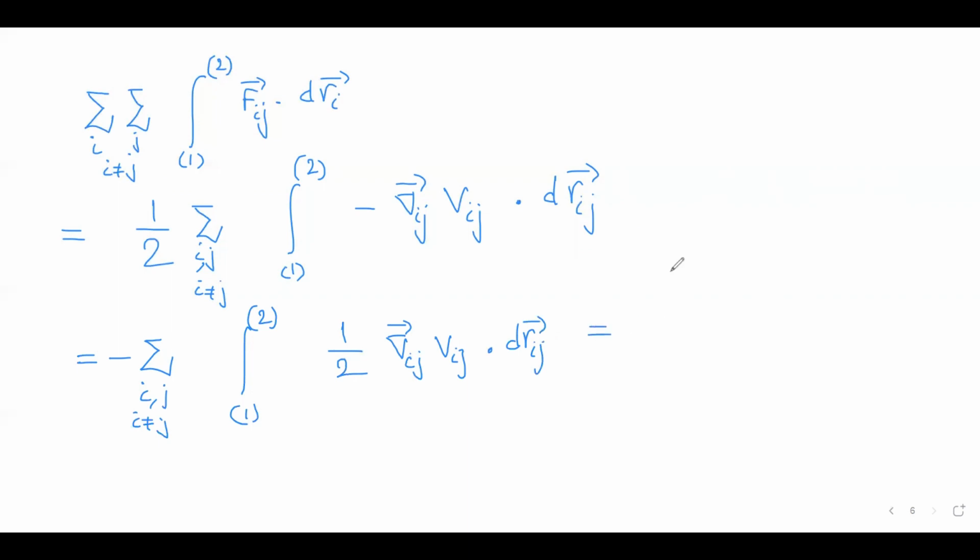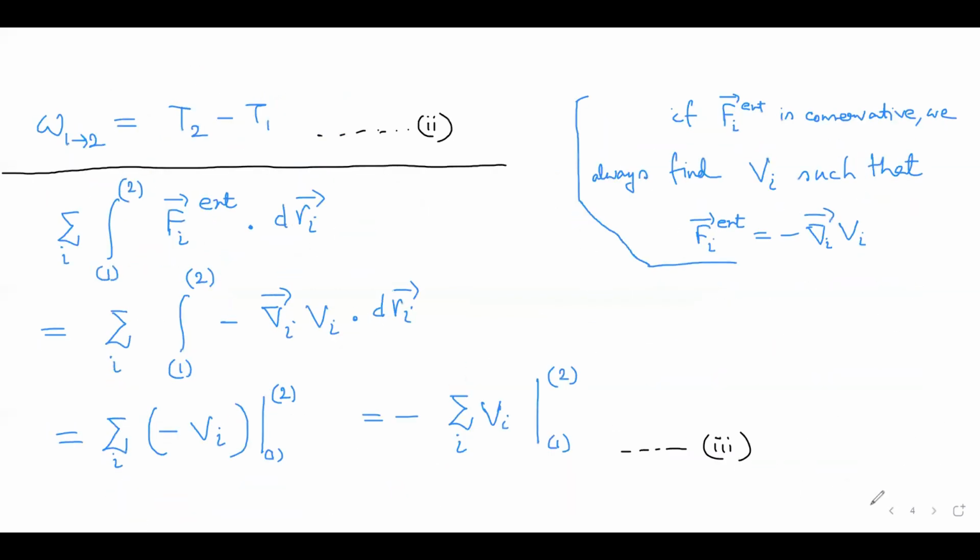So if we do the integration, we will get minus sum over i, j, i not equal to j, half Wij from point 1 to point 2. We will call it equation 4.